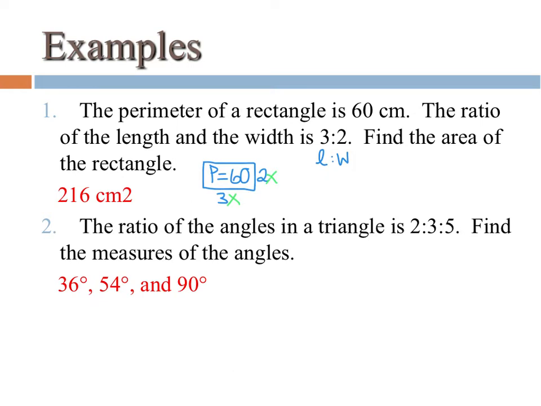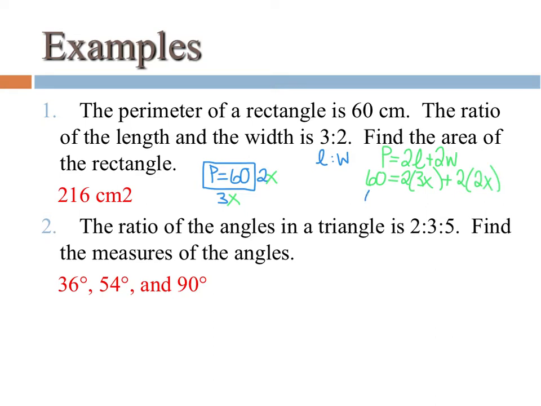Because now if I write that ratio, 3x to 2x, the x's will cancel. So what we're going to do is set up our perimeter formula. Perimeter is 2L plus 2W, or like I said, you could add the four sides together. We know the perimeter, it's 60, is going to equal 2 times 3x, our length, plus 2 times 2x, our width.